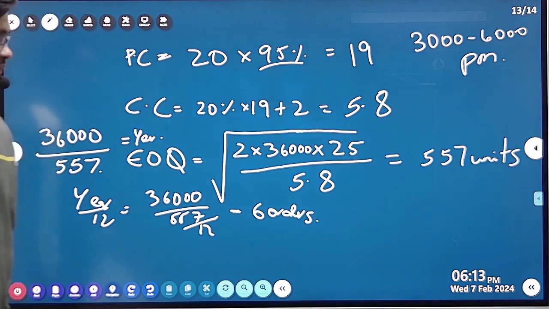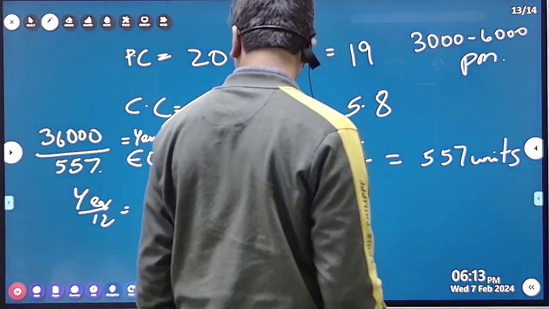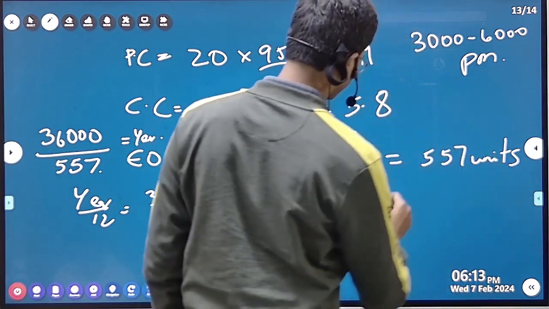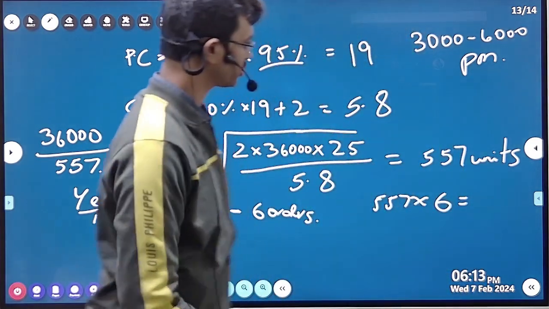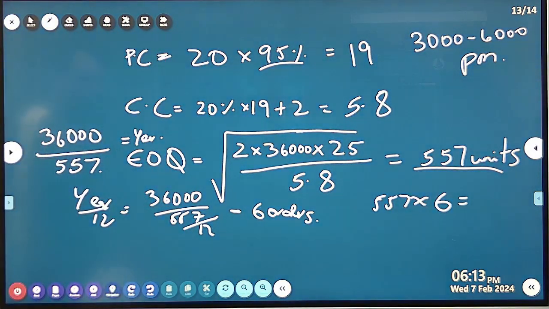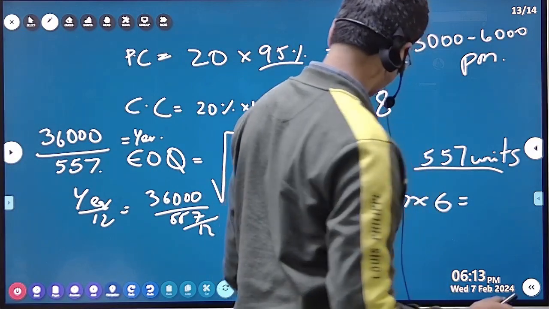Okay. So per order, how much are we going to order? So it is just 557 into 6, right? Because this is per order, we have already calculated. That is our batch size. So per order, we need this much.